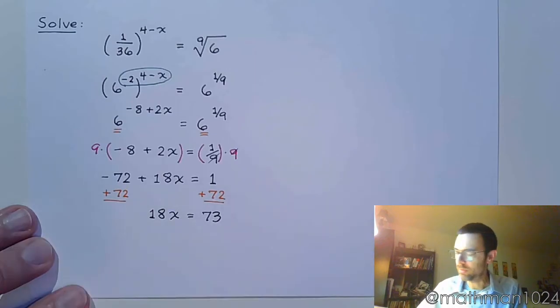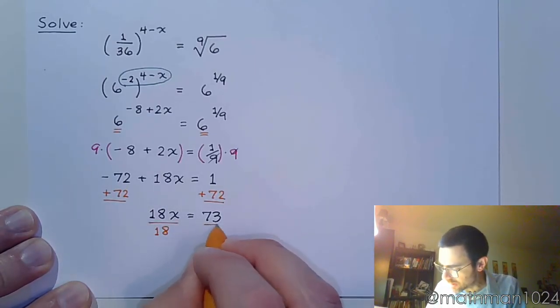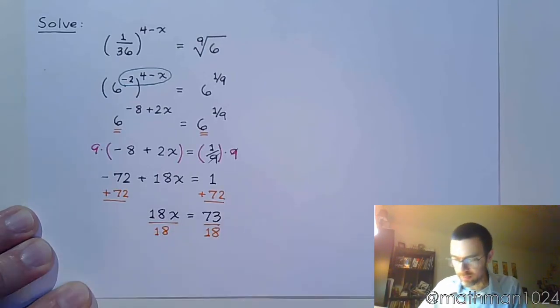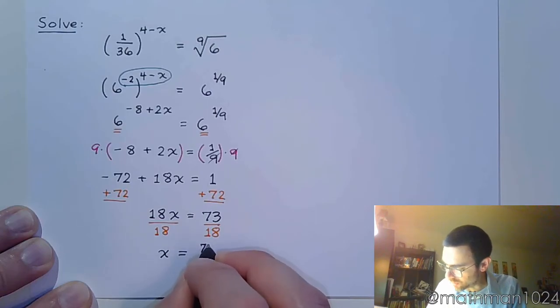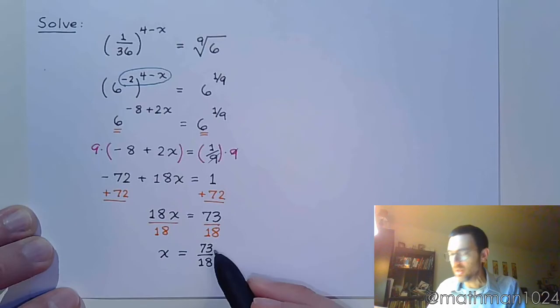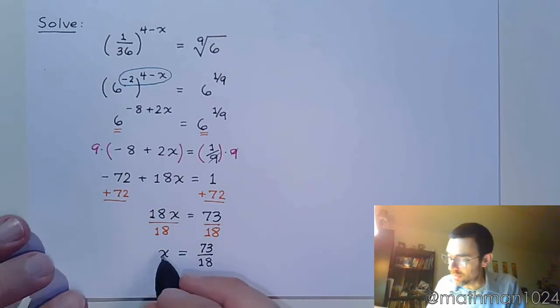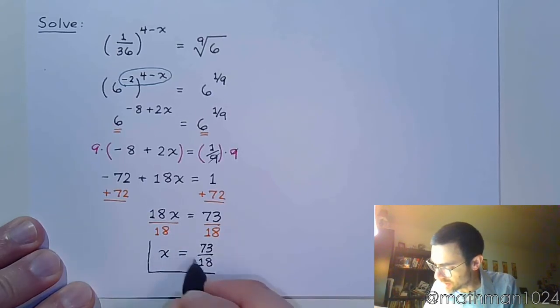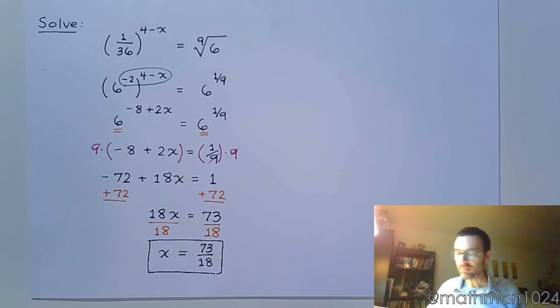And one final step, and that's just to divide both sides by 18. X is equal to 73 over 18. Now, 73 is prime, so that means there's no way we're going to be able to reduce this fraction. So this is my answer.